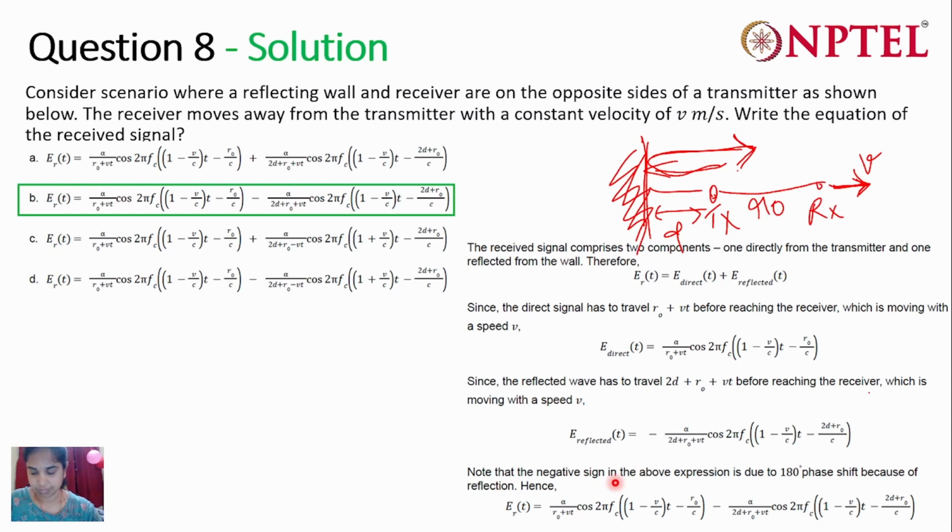When the phase is a multiple of K pi, when 2D divided by C will be an odd multiple of pi.